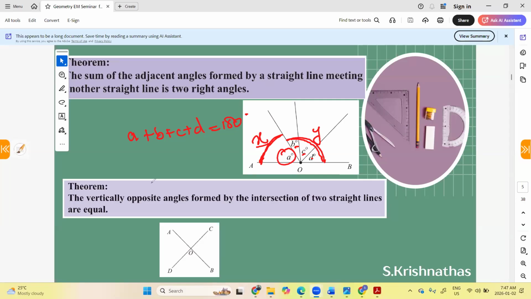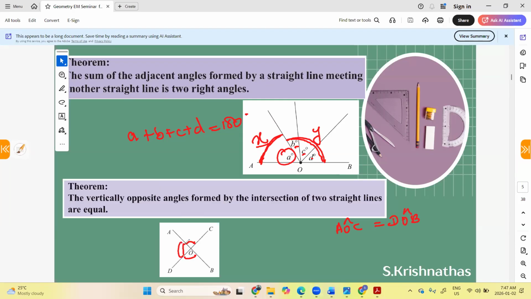Next theorem. The vertically opposite angles formed by the intersection of two straight lines are equal. The vertically opposite angles formed by the intersection of two straight lines are equal. Here, that means this angle equal to this angle, AOC equal to DOB.